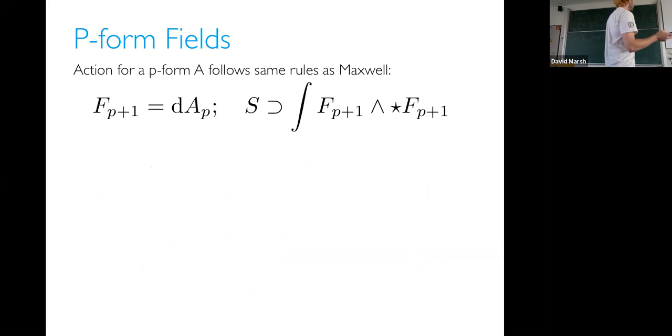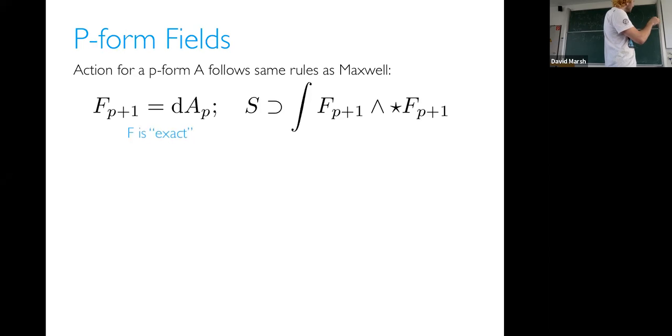So the action for a p-form field A follows the same rules as Maxwell. F p plus 1 is dA p. So I get an action for A p as F p plus 1 wedge star F p plus 1. That would be the usual Maxwell kinetic term.